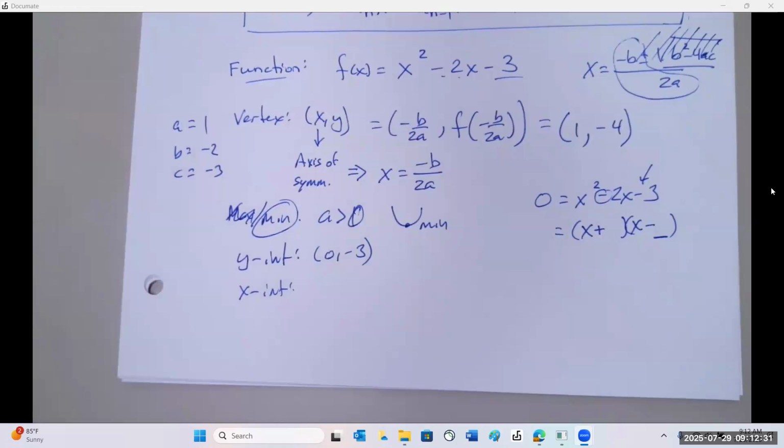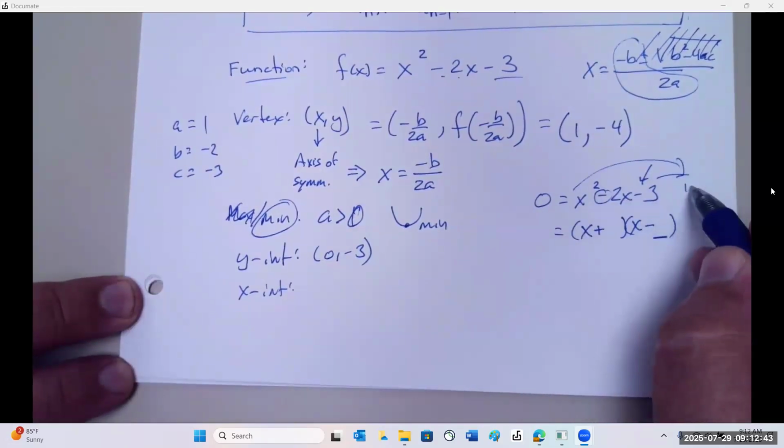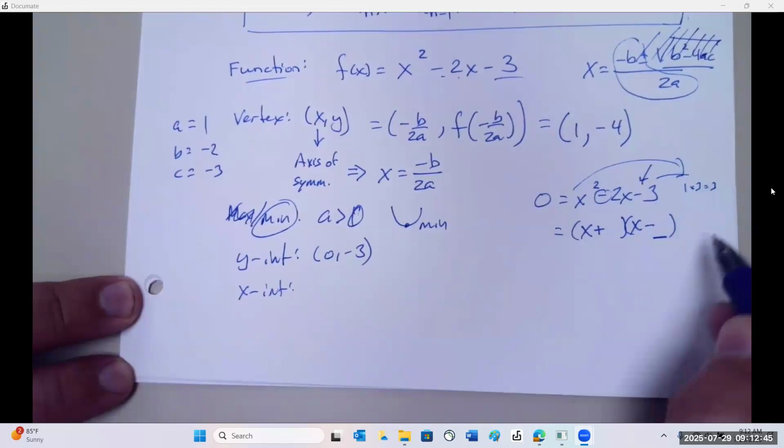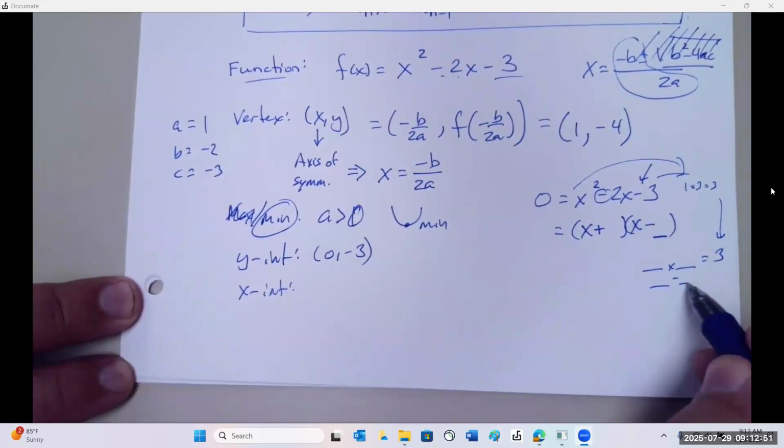How do we factor this? Take the first and the last numbers. 1 times 3 is 3. What times what equals 3? That when we subtract them, we get 2.